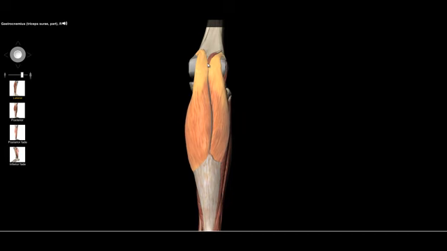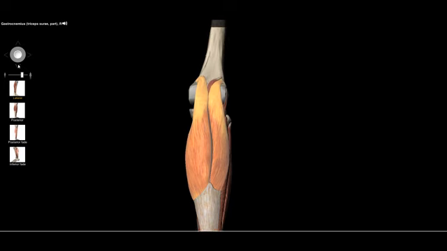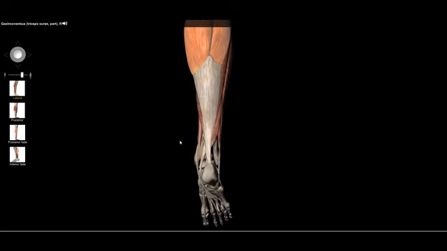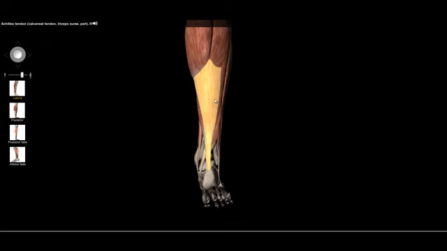And it's a bipinnate muscle, so we have a nice intermuscular septum that comes down, and it blends with the Achilles tendon, where it will insert into the superior aspect of the calcaneus, again via the Achilles tendon. We have multiple muscles that attach to the Achilles tendon, the Gastrocnemius and the Soleus. We'll talk about the Soleus here in a second.